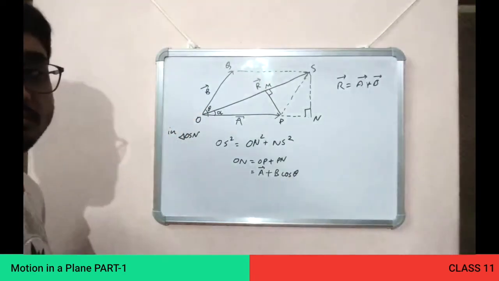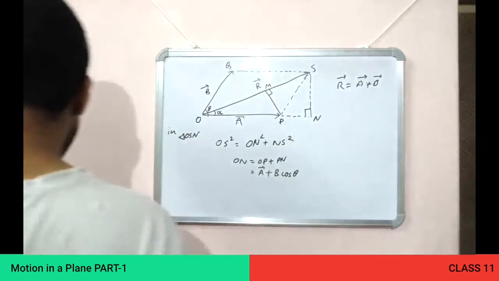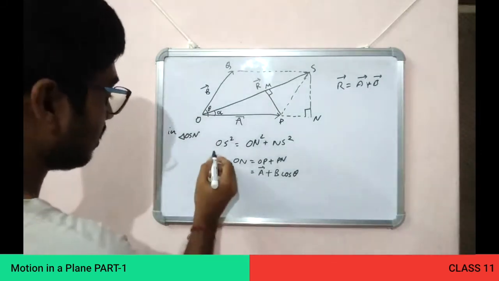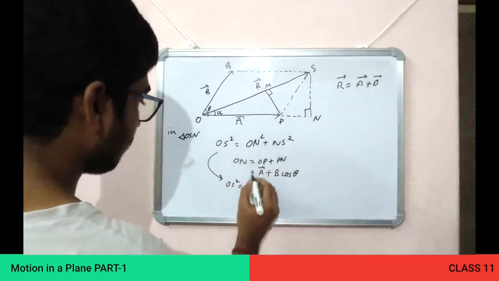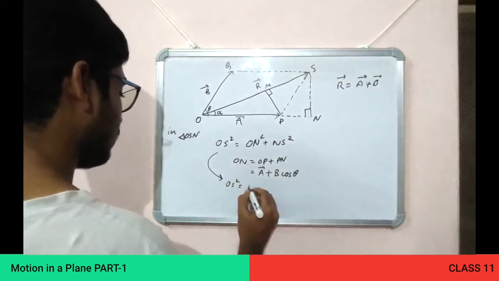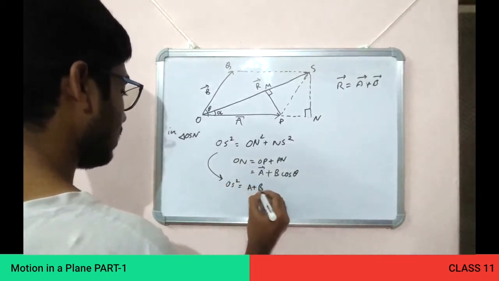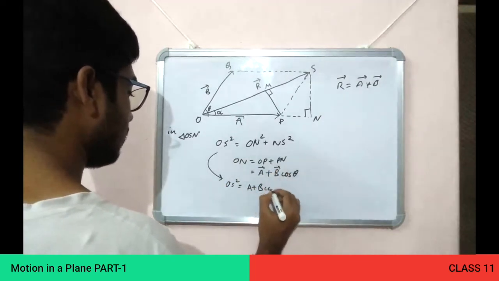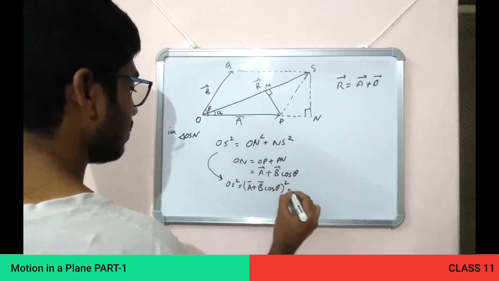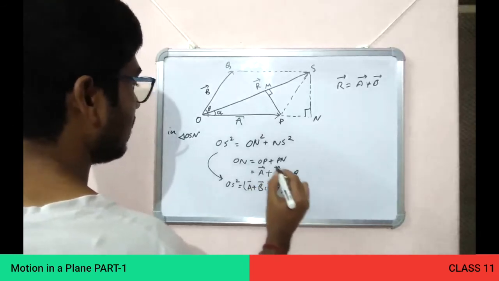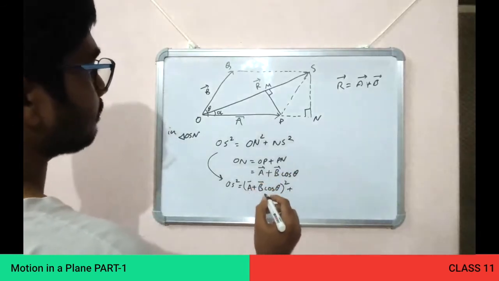Right. So putting it in, OS square is equal to (A plus B cos theta) whole square plus NS square.